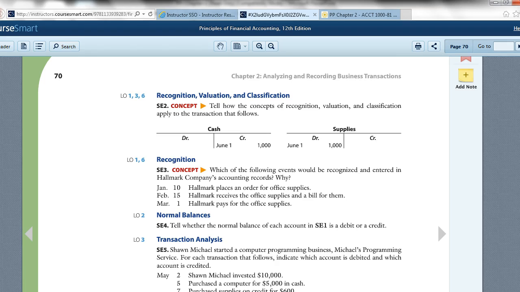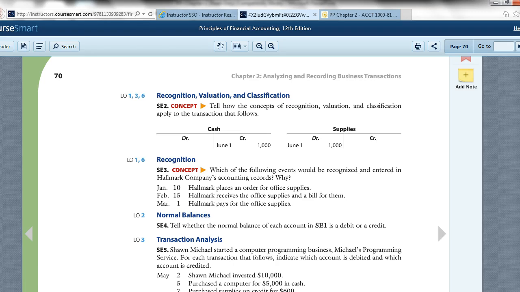Okay? So let's look at SE2. Let's tell how the concepts of recognition, valuation, and classification apply to the transaction that follows. Do you see our T account for cash shows a credit on June 1st, and then it shows a debit on June 1st to supplies of $1,000. Recognition is the when.